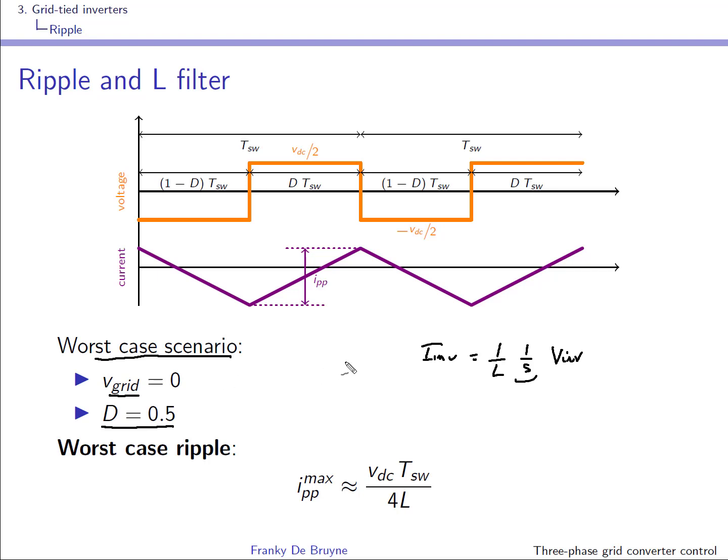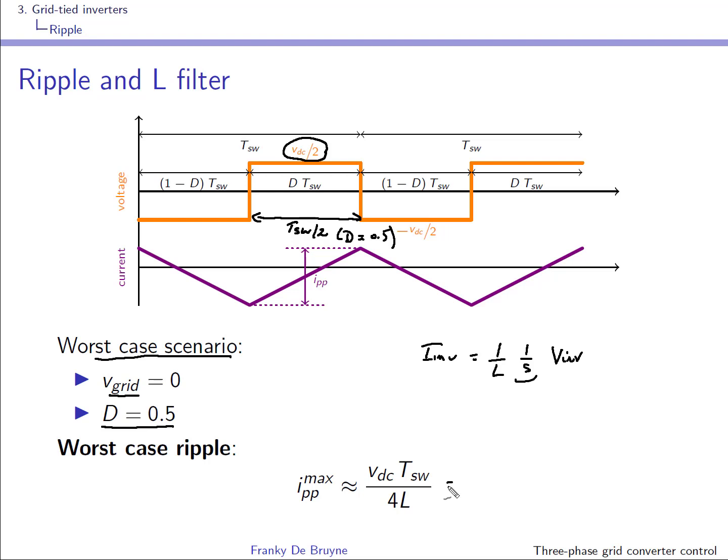In this worst case scenario, during a period of time that is T switch divided by 2, because the duty cycle is equal to 0.5 here, you apply a voltage of VDC over 2. So you can see what the value of this peak will be.